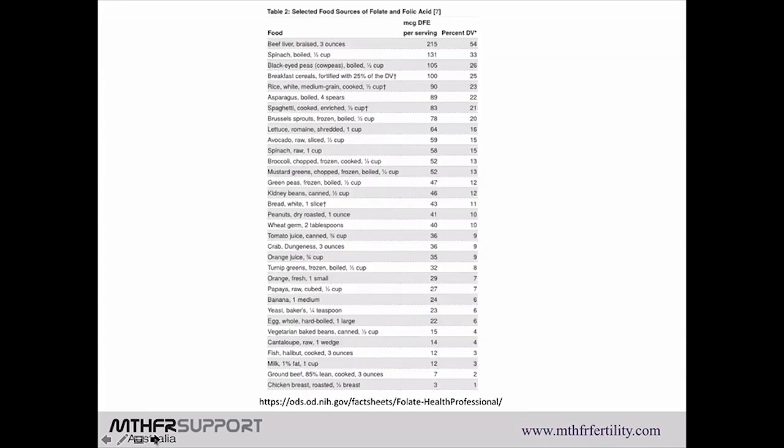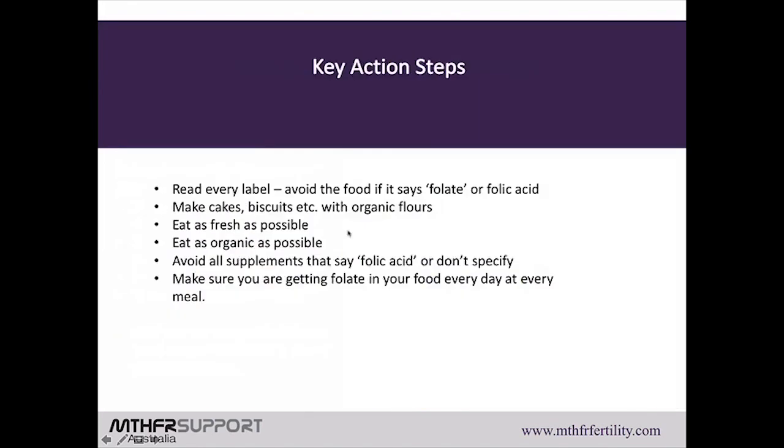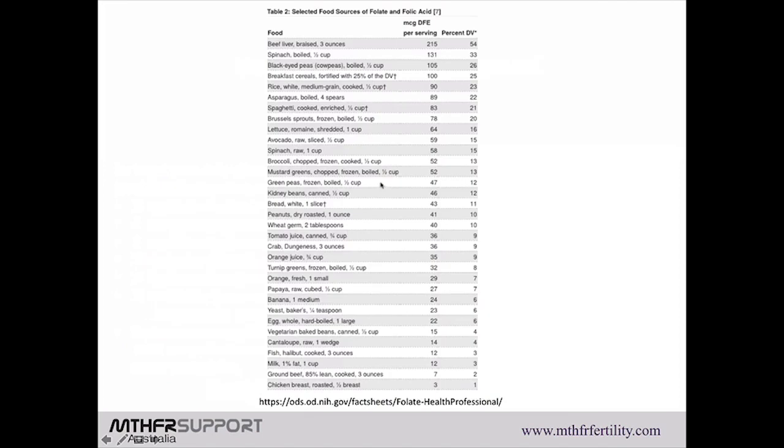So here's a list off the government website that shows you sources of folate and folic acid. And the folic acid is obviously with this cross, which means it's been fortified. So the breakfast cereals, the rice. What else is fortified here? The bread, obviously. But have a look.